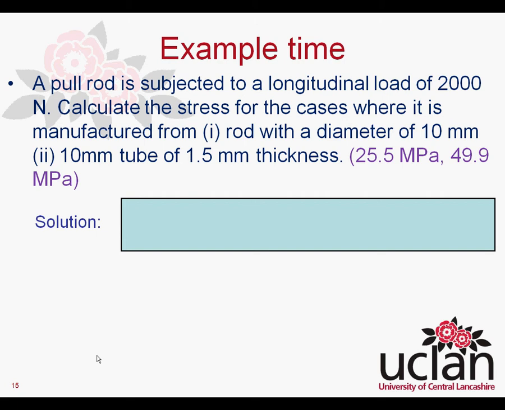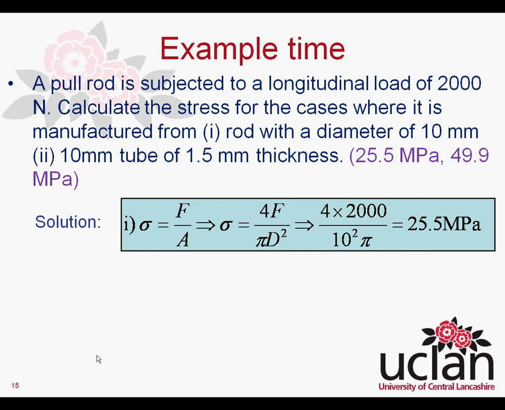And to help you out, we actually gave you the answers of 25.5 megapascals and 49.9 megapascals, and I'm just going to run through the solution quickly for you to give you the confidence that you've got those answers in the correct manner.